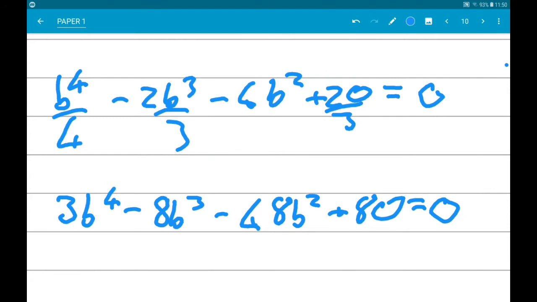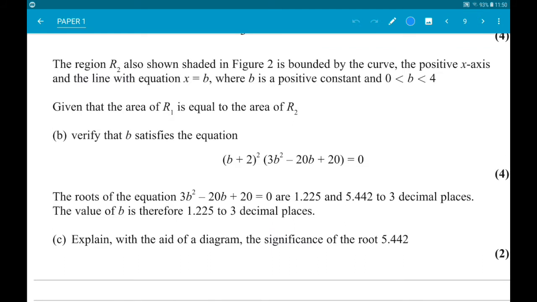Okay, so now we need to make sure that this is the same as b add 2 squared times 3b squared minus 20b add 20. So we could factorise. Originally I used algebraic division, but the video took ages, so I've decided not to use it.